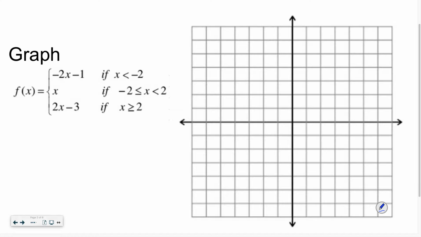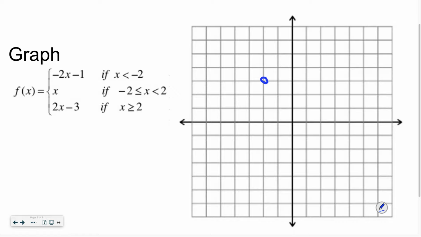Yeah, 3. And what would go at the coordinate negative 2, 3? An open circle, because we do not want to include negative 2.